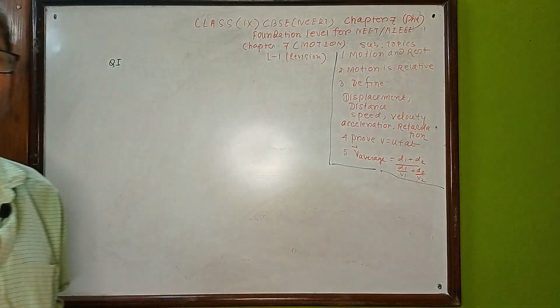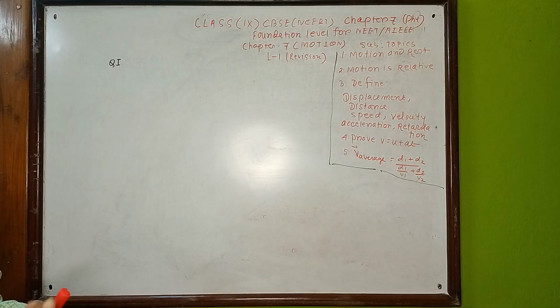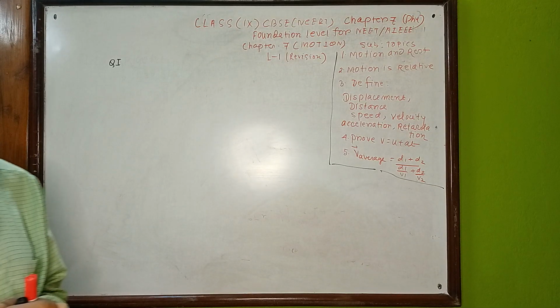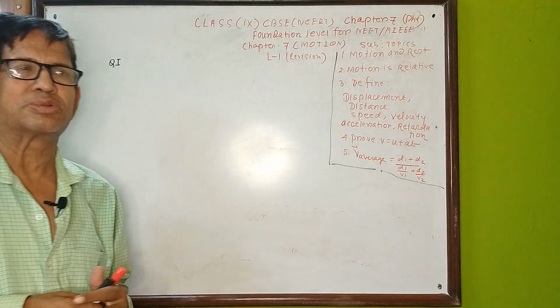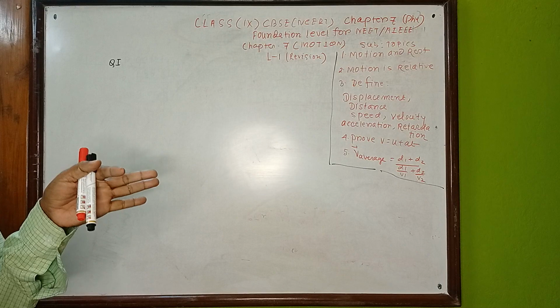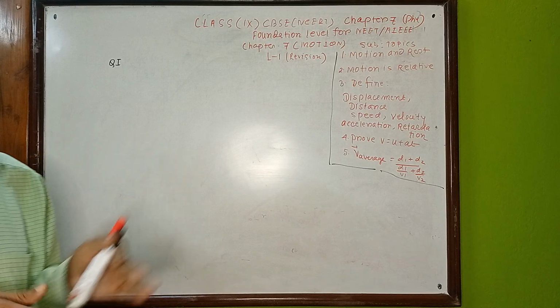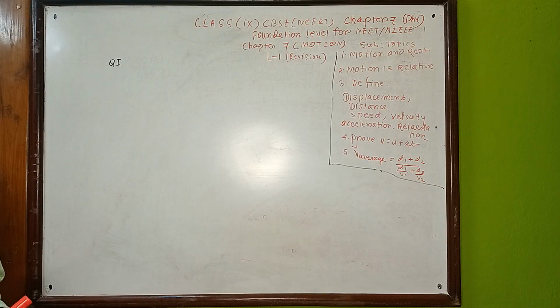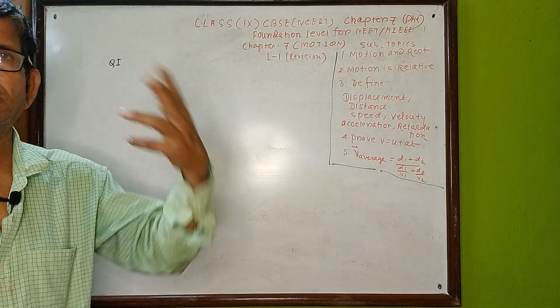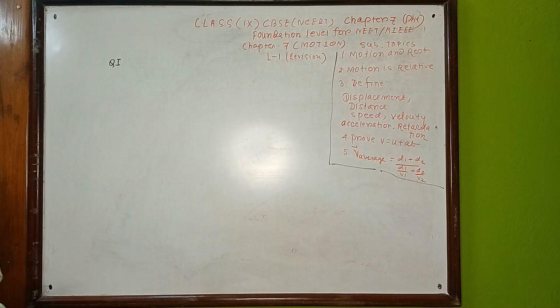These are the subtopics I am discussing one by one. My target is that this chapter will be repeated in class 11. So if your basic concept or basic idea is clear in class 9, then you can do more practice on numericals in class 11.